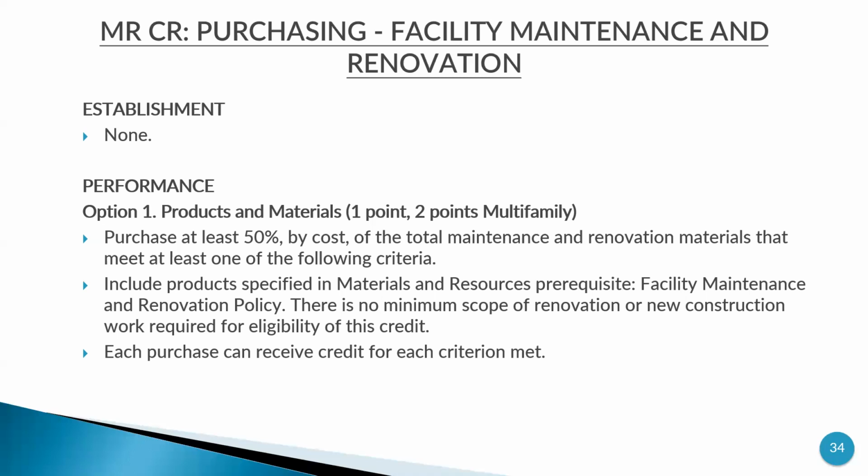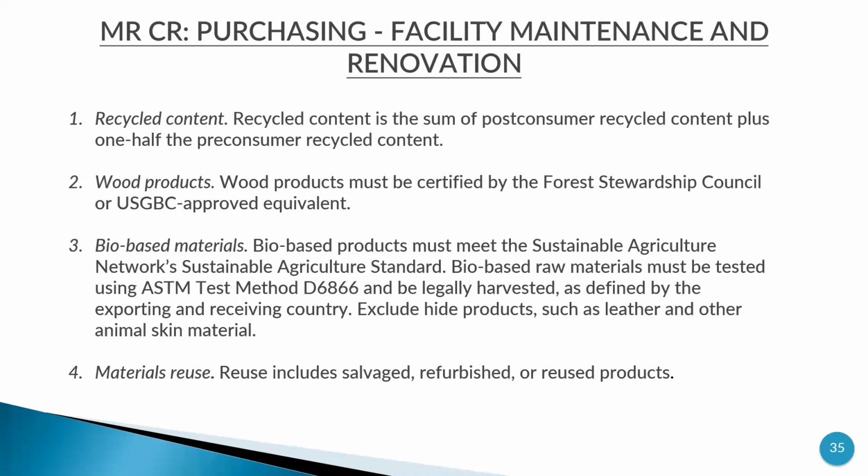Include products specified in materials and resources, again prerequisite, facilities maintenance and renovation policy. There is no minimum scope of renovation or new construction work required for eligibility of the credit, and each purchase can receive credit for each criterion that is met. What are the different criteria? One is recycled content, second one is wood products, third one bio-based materials, fourth one is material reuse.